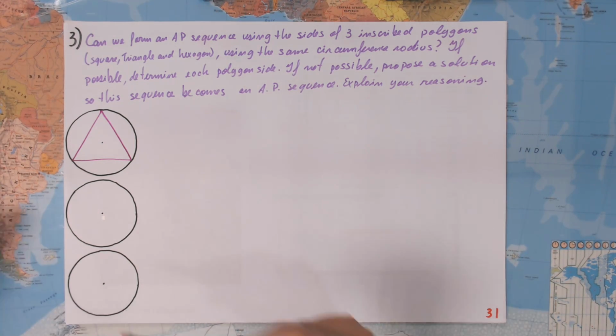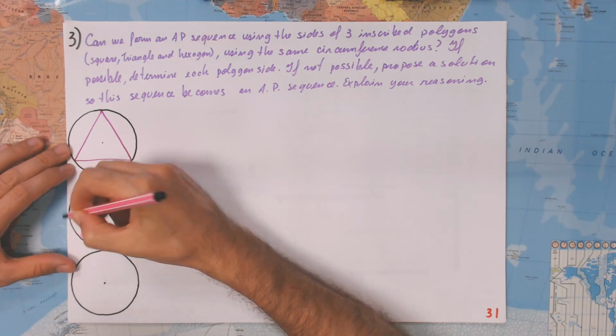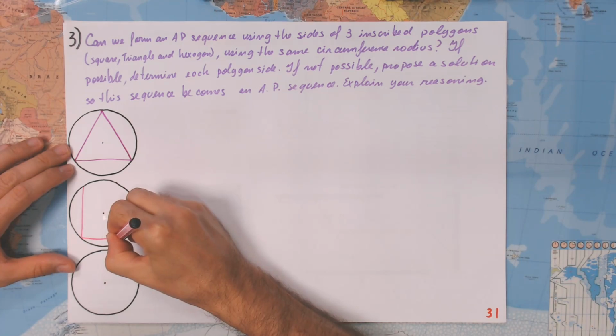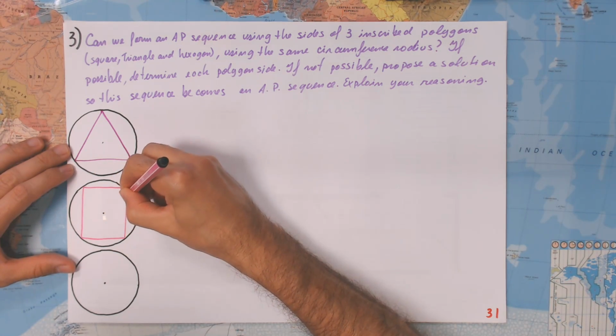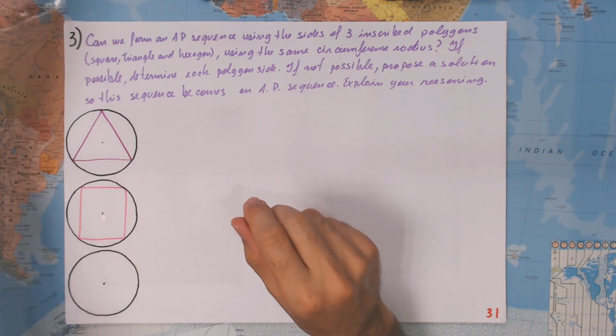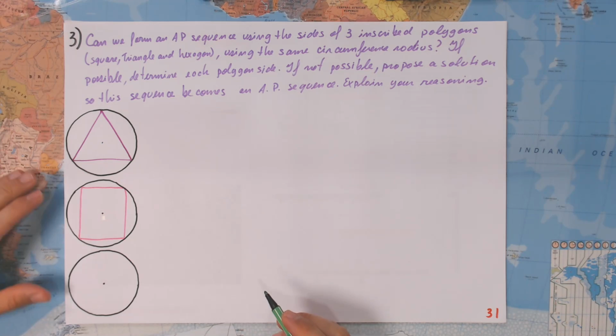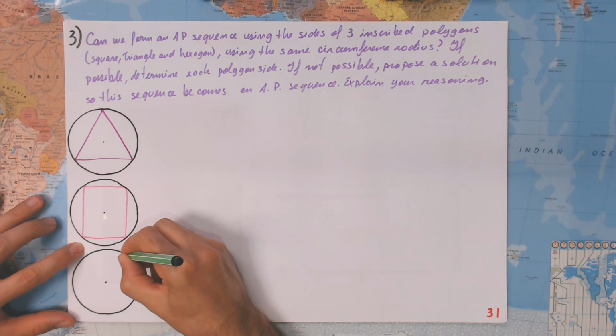Now let's go for our square. It's going to be the middle one. This is going to be the square. And the last one is going to be the hexagon. The hexagon you just divide in 3.